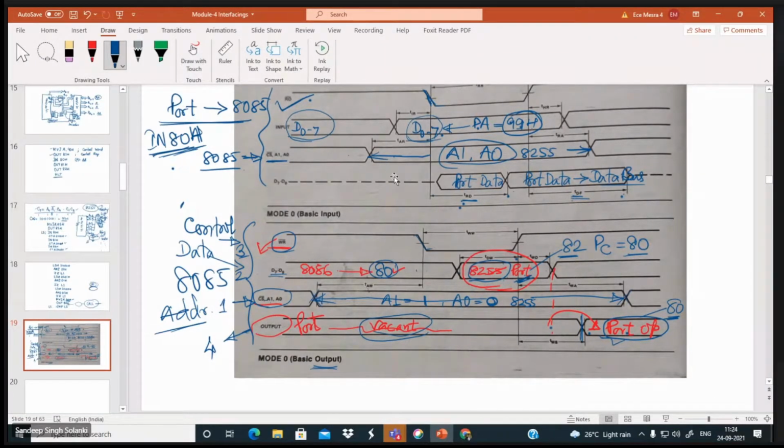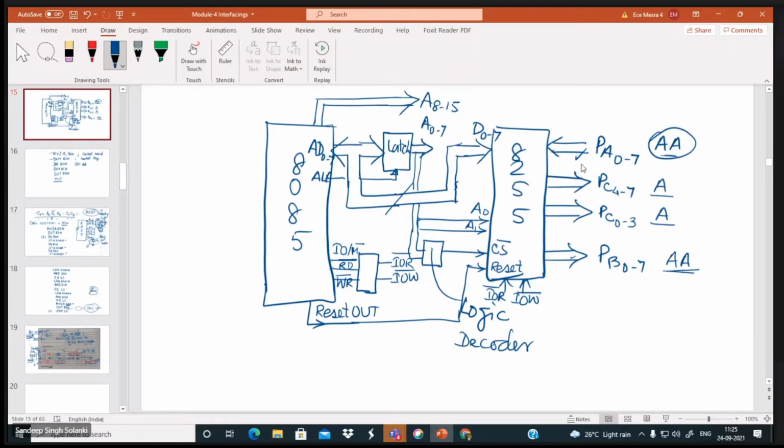Sir, I didn't exactly understand the difference between TRD and TDF. So this is what I am saying: if you see the diagram here, where is the data? Data is on the pin, isn't it? In between you have a chip, and definitely this data will pass through certain circuitry.